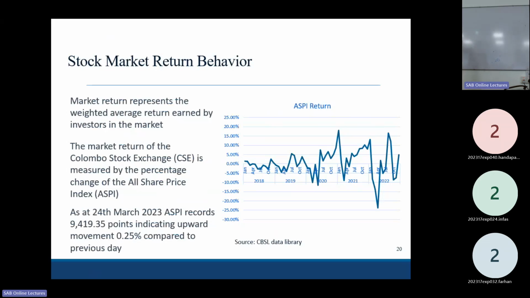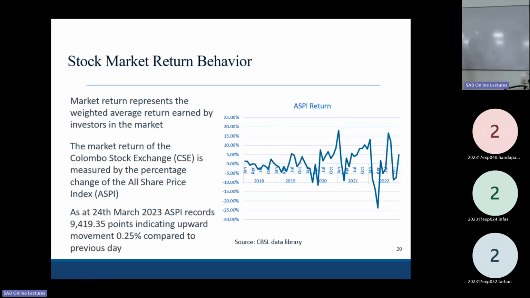Like stock returns, if you draw a similar diagram for, say, a company, you can see the stock return is going up and down. It is happening. So this is for the market return. All share price index means market return. In the future, when we apply the CAPM, you have to take this. This is our market portfolio. Colombo Stock Exchange is our market portfolio.